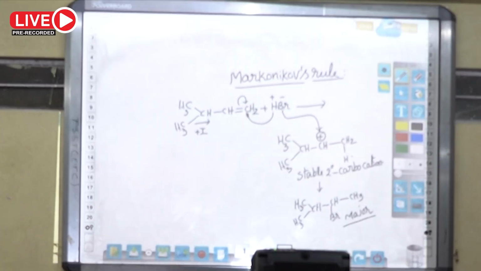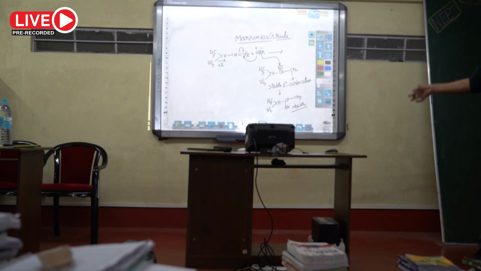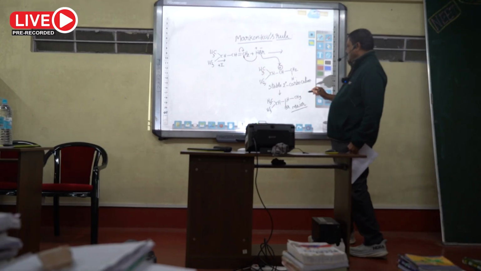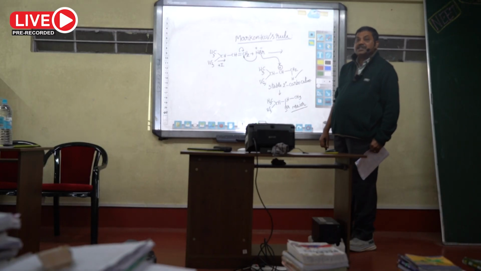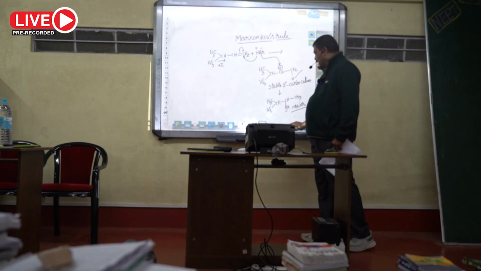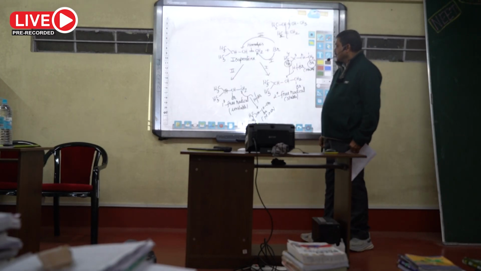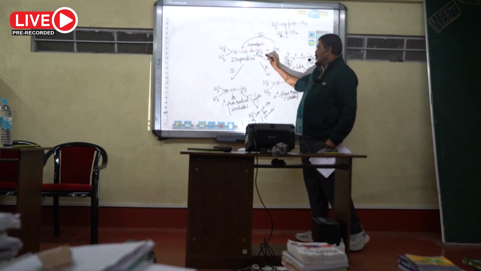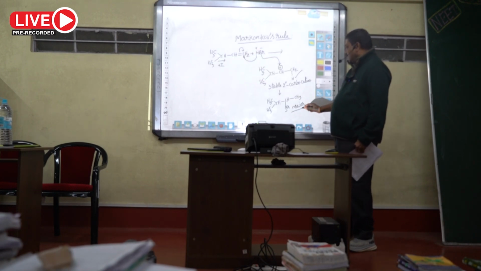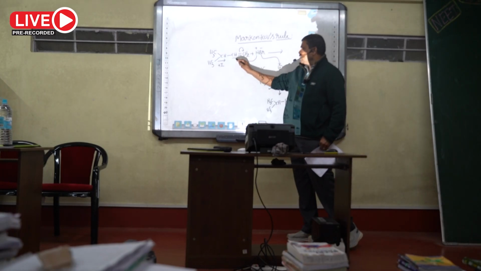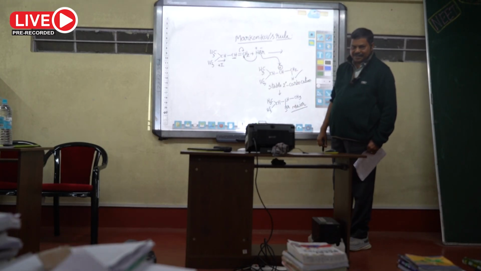So if you look at the starting compound and the end product, you can simply visualize H is added, Br is added. It is an addition. So we simply compare the previous slide and this slide. Here Br is added to the doubly bonded carbon with more number of hydrogens. Next, here Br is added to the doubly bonded carbon with less number of hydrogens.